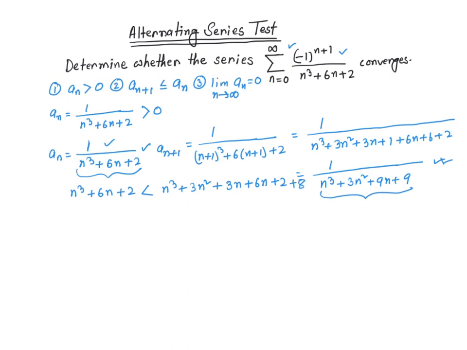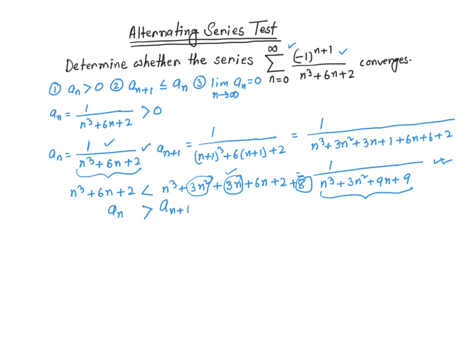If you compare these two, you see that this term is missing on the left hand side, and this 8 is missing on the left hand side, and this 3n is missing on the left hand side. All these are positive numbers, so this right side should be bigger than the left side. And if you take 1 over that, the inequality is going to reverse. It's going to be greater than. So we can conclude that a sub n is greater than or equal to a sub n plus 1.